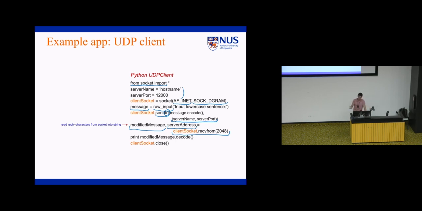Well, we do not use the server address. We already know the server address, but this is how recvfrom is structured. Now we receive the modified message, so we just print the modified message, and then we close the connection.